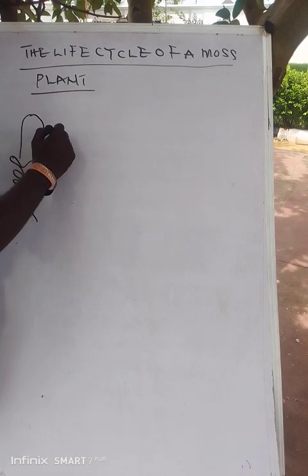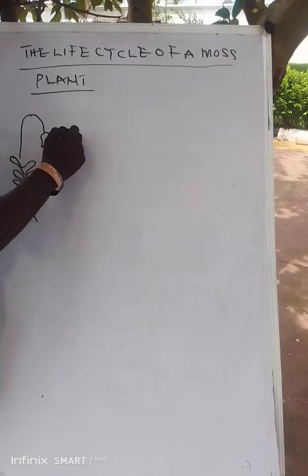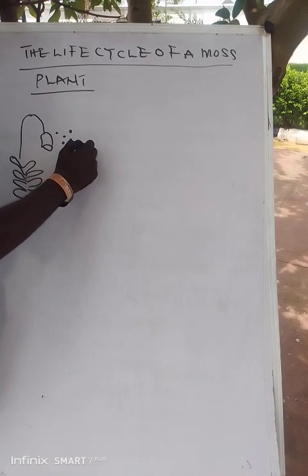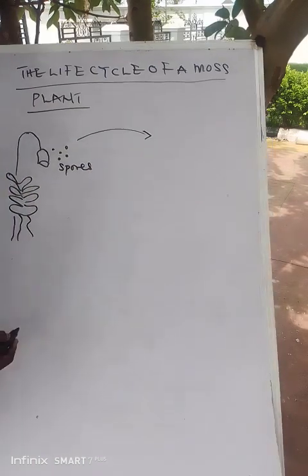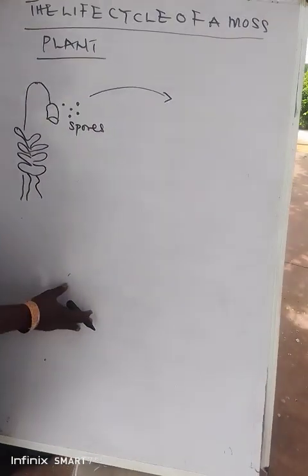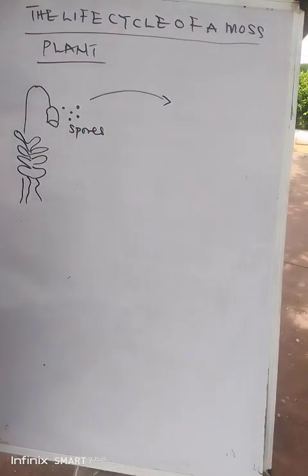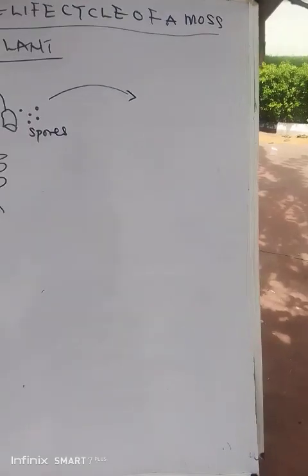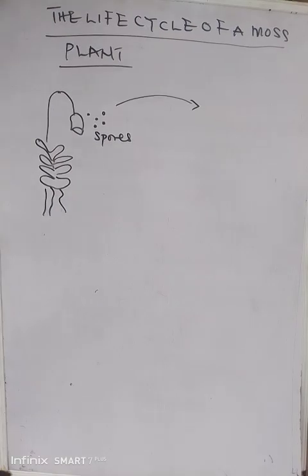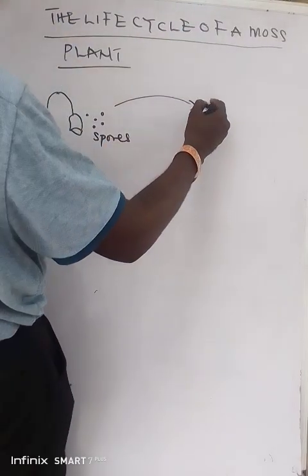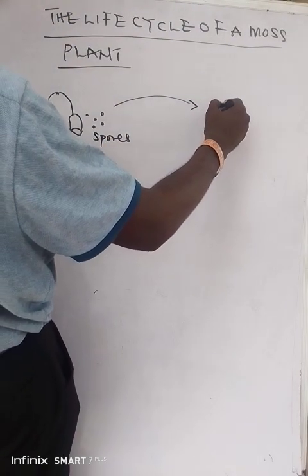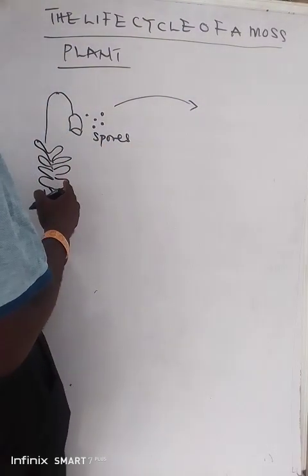The sporophyte produces spores, and when these spores land on a suitable substrate, they develop into the gametophyte.